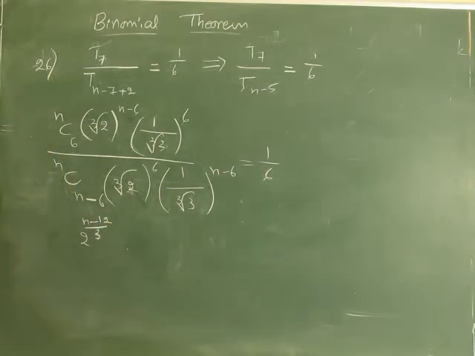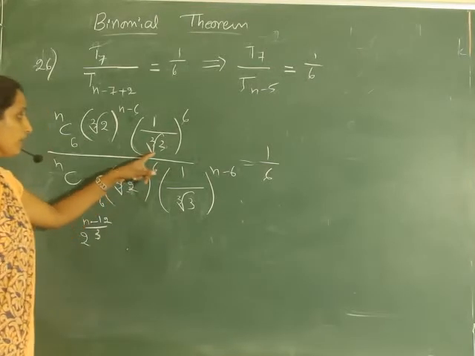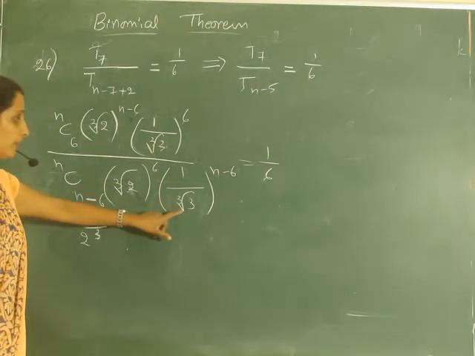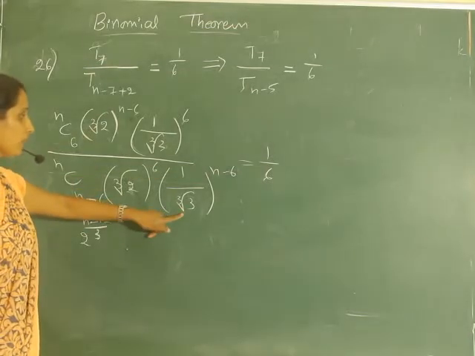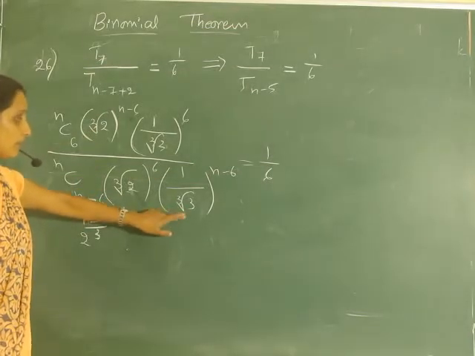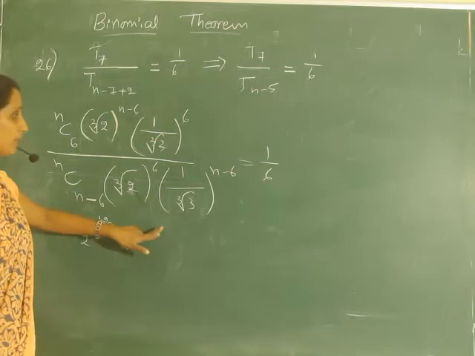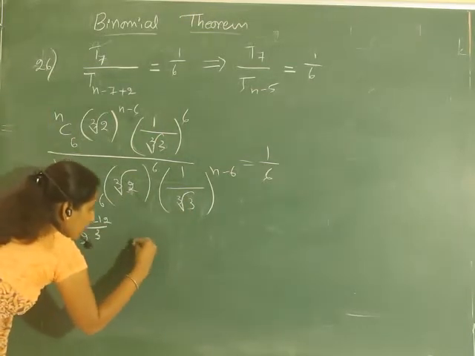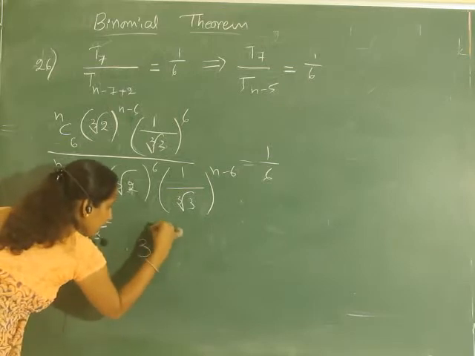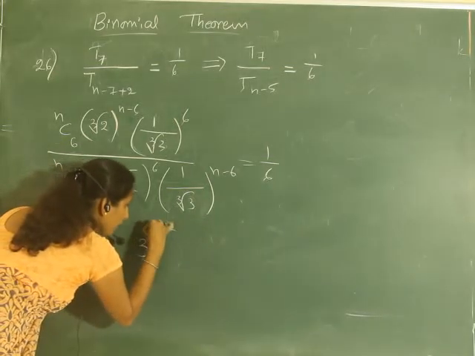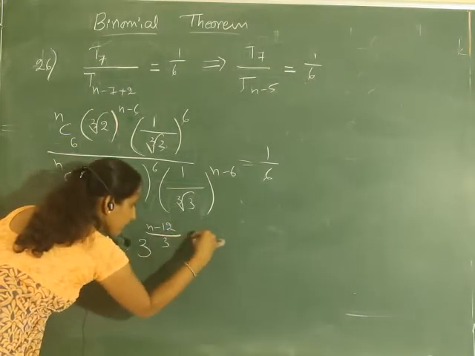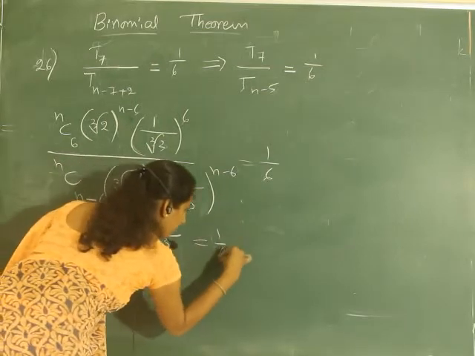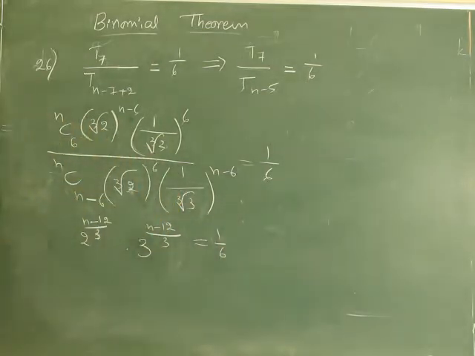Again, this is in the denominator and this is in the numerator; when we take it to the numerator, it goes to the numerator and this comes to the denominator. So it is again 3 to the power (n minus 12) by 3, equal to 1 by 6.